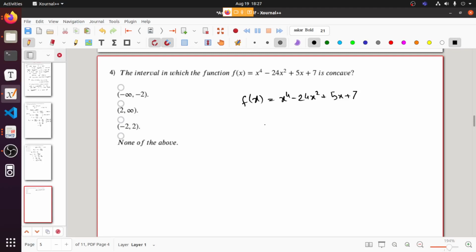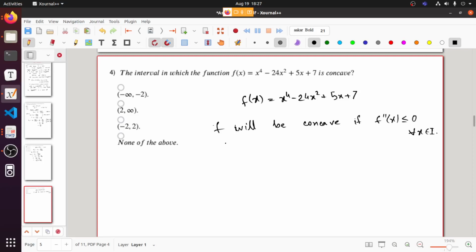A function is concave if its double derivative is less than or equal to 0. So f will be concave if f double dash x is less than or equal to 0 for all x belonging to some interval. You have to find this interval.